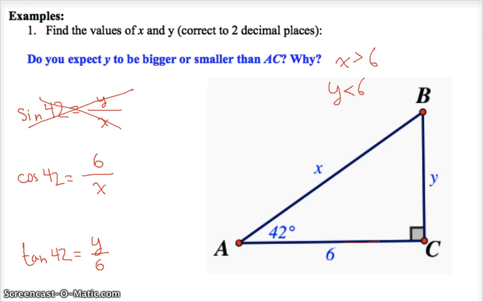So theoretically what's going on over here is we have a 0.74 over here that equals 6 over x. You know what though? Let's not do it that way. It's going to be more accurate to go to the calculator at the end.